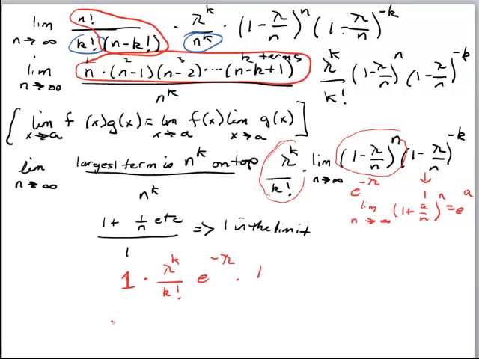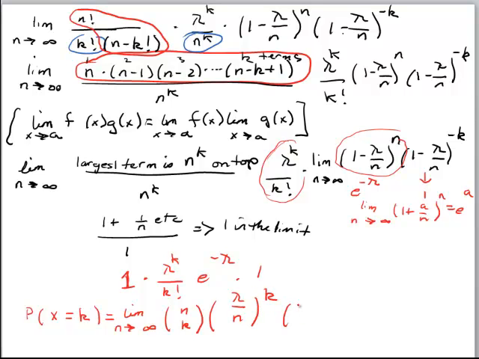So what does this all bring us to then? It says that in essence, and remember we're dealing with a t that's 1 hour right here, we'll just say the probability that x is some k, like 3 cars, is the limit as n goes to infinity of n choose k (lambda over n) to the k (1 minus lambda over n) to the n minus k, which is just lambda to the k e to the minus lambda, again that t is an hour, all over k factorial.